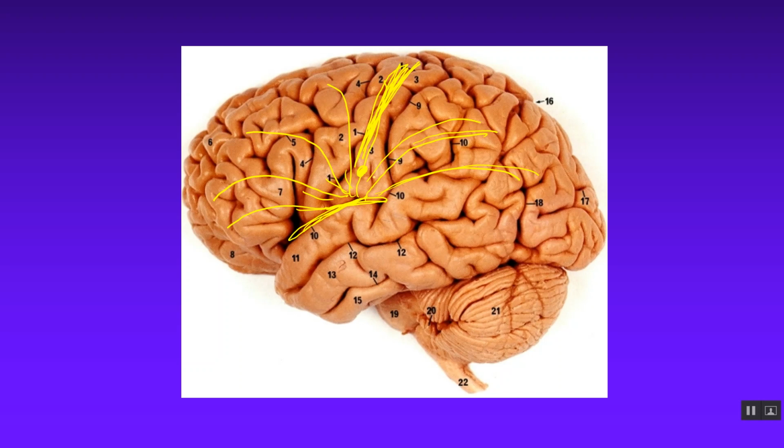However, if the blockage occurs back here and wipes out these guys, then I'm going to have more of that cortical sensory integration problem: the agraphia, anosognosia, double simultaneous touch being a problem, astereognosis. So you can have individual branches of the middle cerebral artery that will give you these very distinct sensory syndromes.